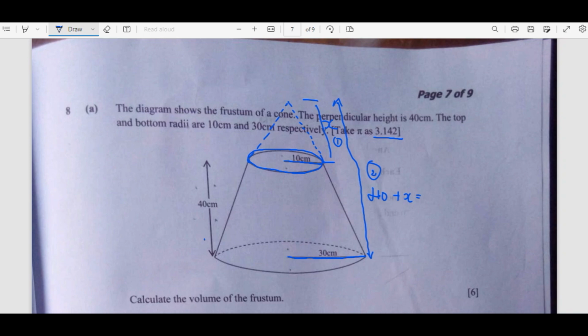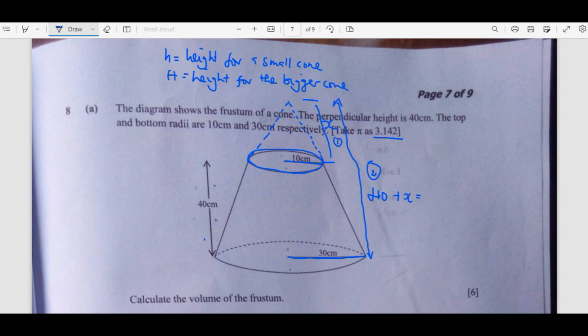First of all, h will be used as the height for the small cone, and capital H will be used as the height for the bigger cone.